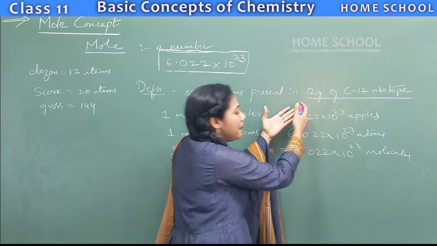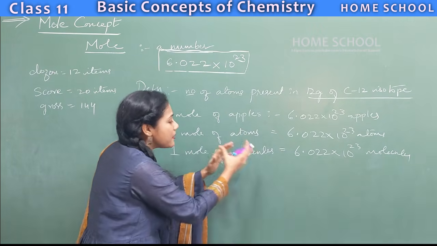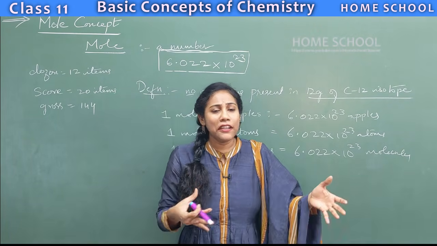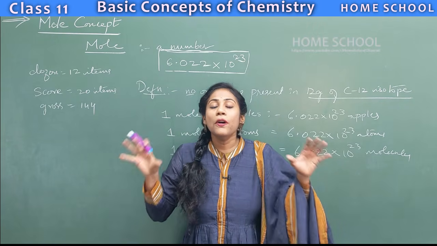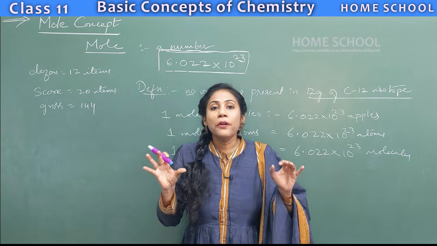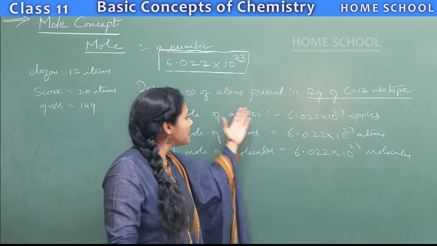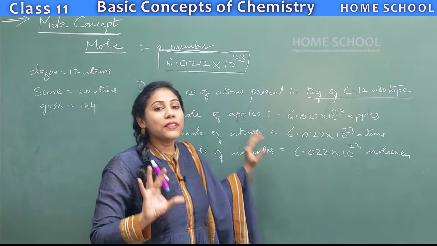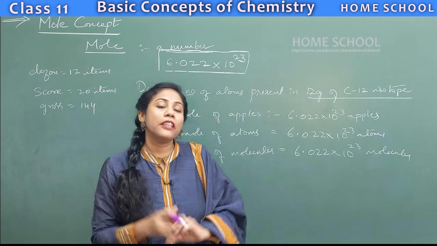Particles can be apples, atoms, molecules, electrons, ions or whatever. So mole is just a number. 1 mole of anything is this number of that particular particle. So this is a basic idea about a mole.